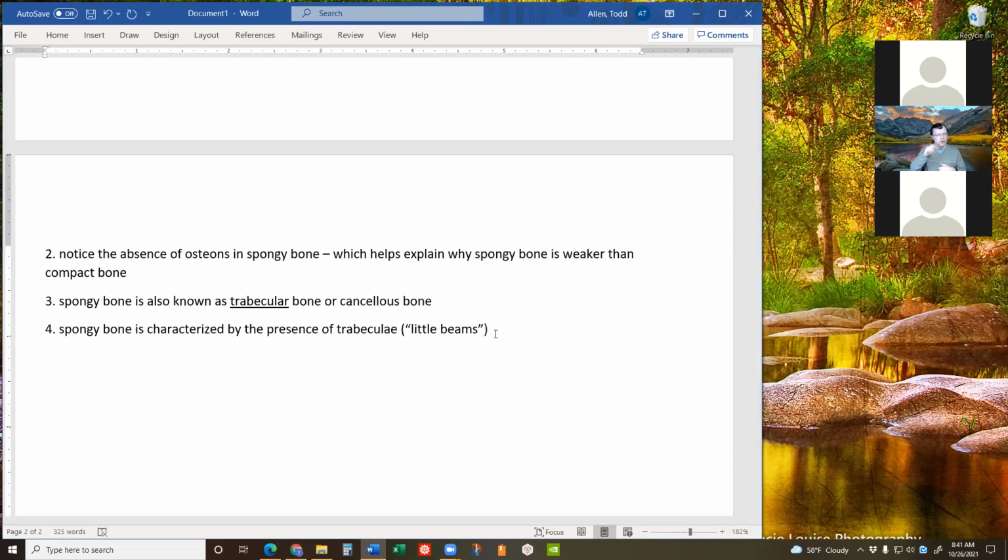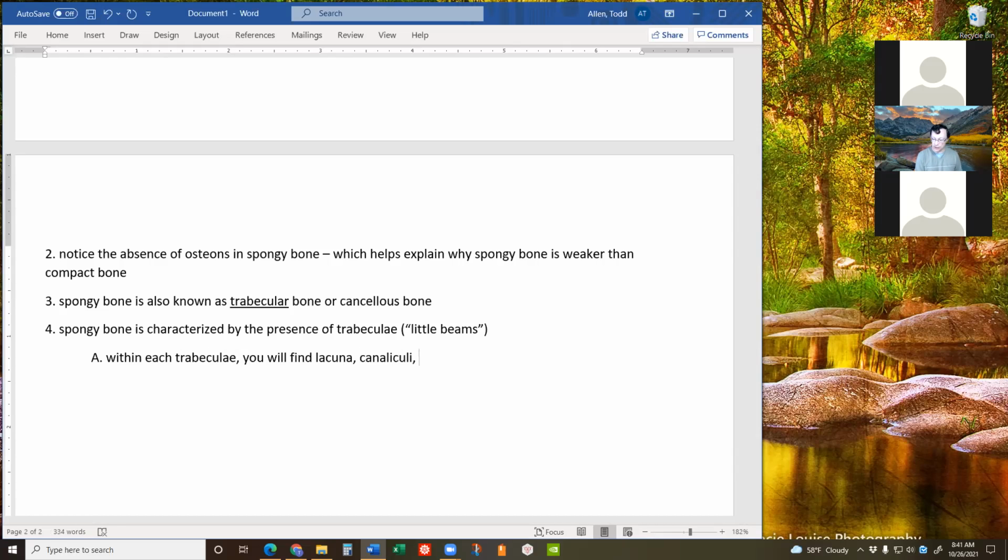Now, if you were to go with a tiny little scalpel and dissect the trabeculae themselves, the little beams, what would we find? Well, we would find things that you're already familiar with. Within each trabeculae, you will find lacuna, just like we did in the compact bone. You will find canaliculi, just like in the compact bone.